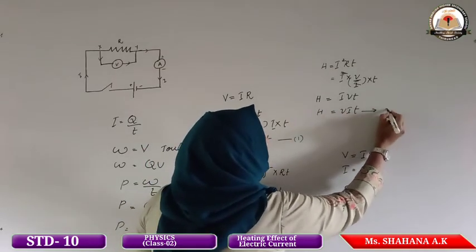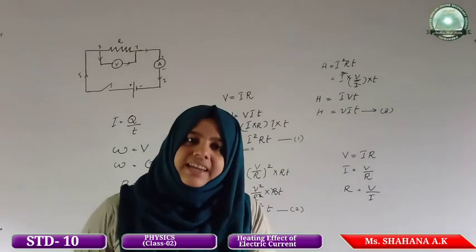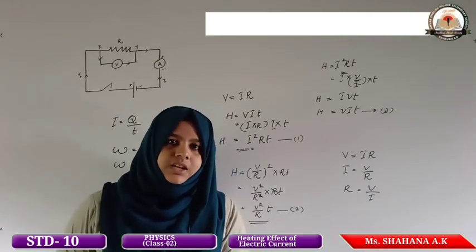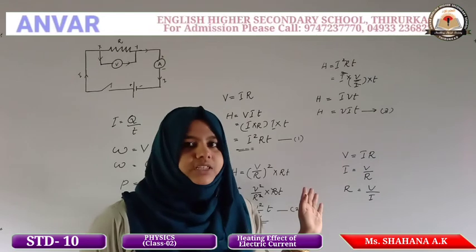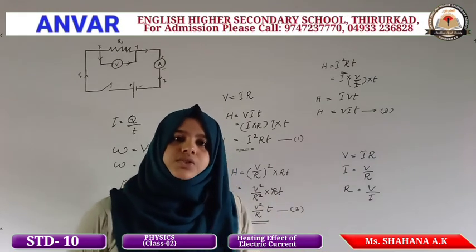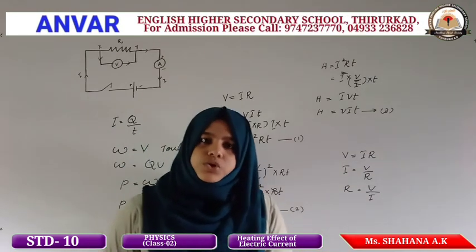This is the third equation to find the heat generated in a circuit. These three equations are very important. So that's all about Joule's law and the process of Joule heating.